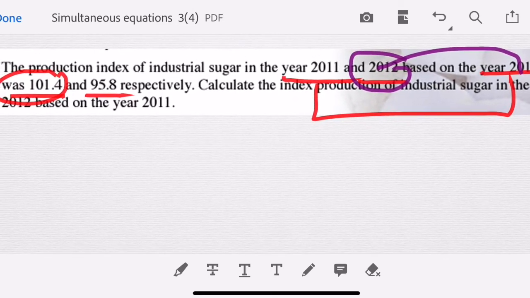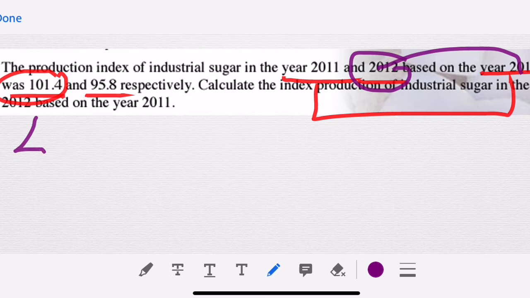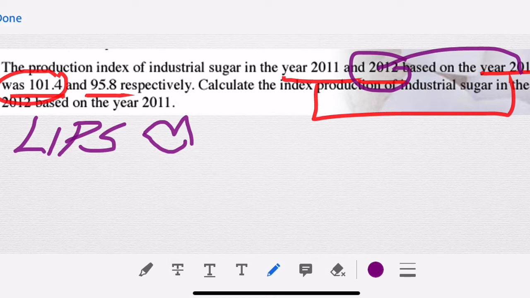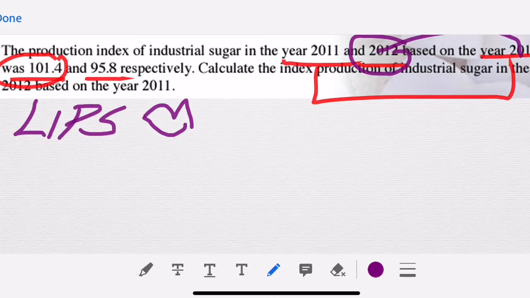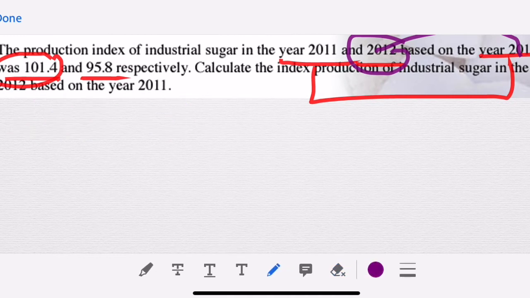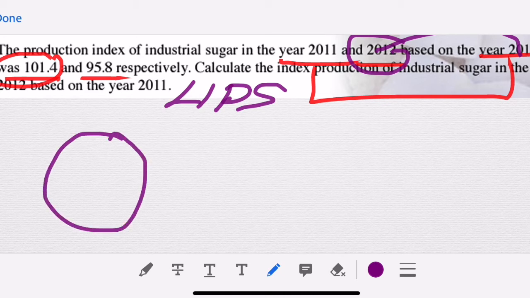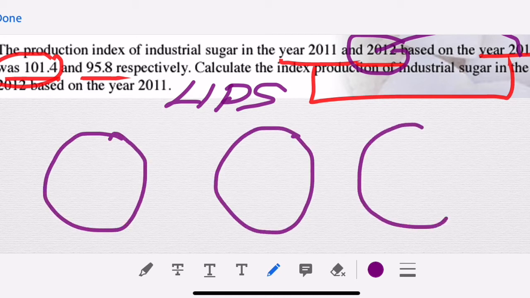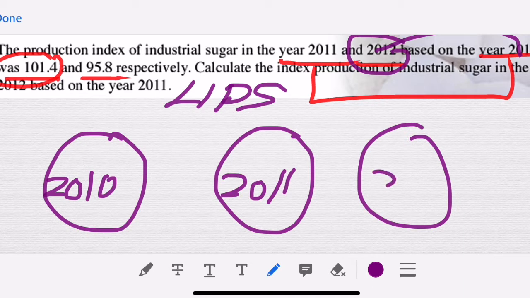So how to do it? We use the ellipse method first. With the ellipse method, you have to draw how many circles? 3 circles. Let's draw out the 3 circles: 1, 2, 3. So the base year, the smallest year, is 2010, followed by 2011, followed by 2012.